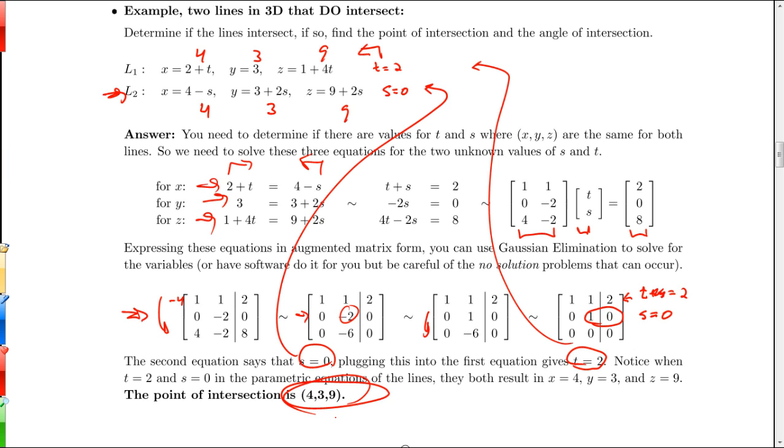Okay, so that does have a point of intersection, and then this example also asks, what's the angle of intersection? Well, if I have two lines, V1 is the direction vector for the first line, and suppose this is the second line, and V2 is the direction vector for that. The angle between the two lines is just the angle between the two direction vectors.